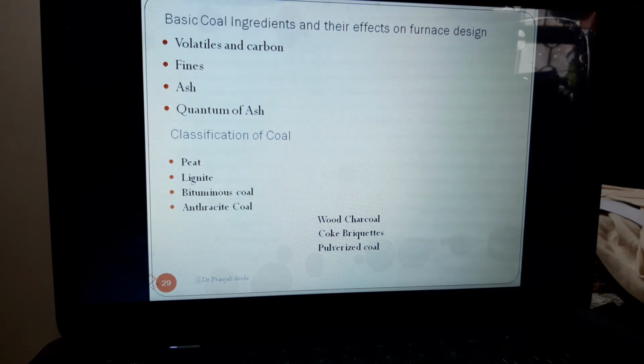The next type of the coal is the anthracite. So anthracite is the next generation of bituminous coal and it has the highest rank. It is a hard coal composed of about 90% carbon with little volatile content and practically no moisture. It is brittle and it has a shining black luster.